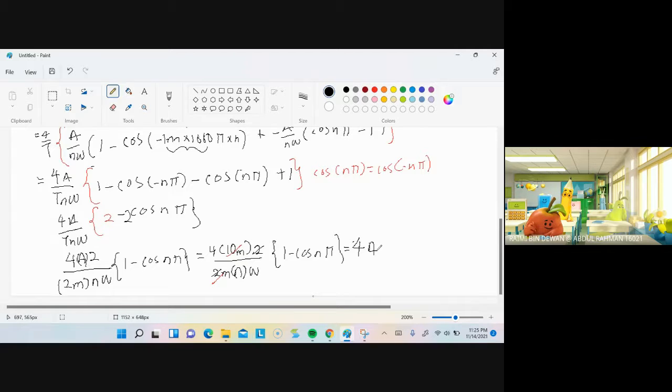Okay, so here, for me it depends. You can decide to substitute, or you can decide not to substitute. Okay, you can decide not to substitute.